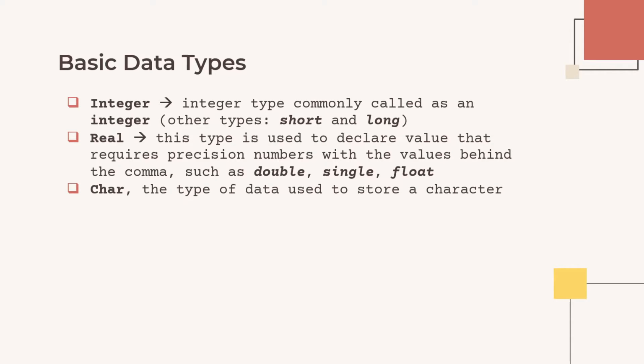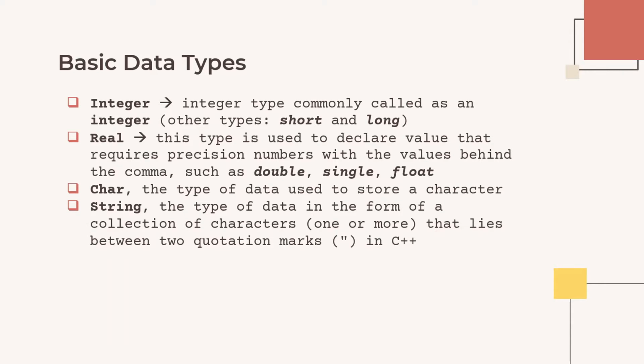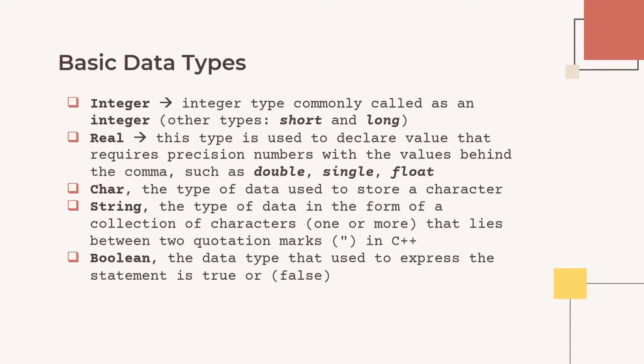Char is the data type used to store a character. And then string. String is the data type in the form of a collection of characters, one or more characters, that lie between two quotation marks in C++. And the last is Boolean. Boolean is the data type used to express whether a statement is true or false.